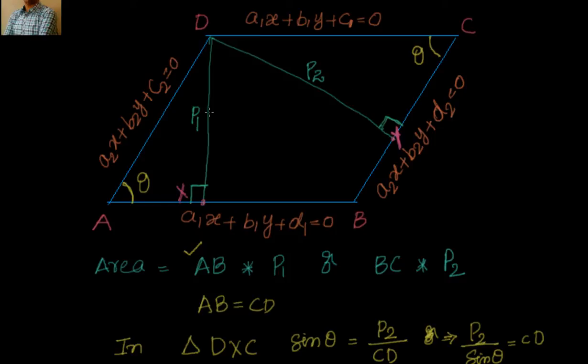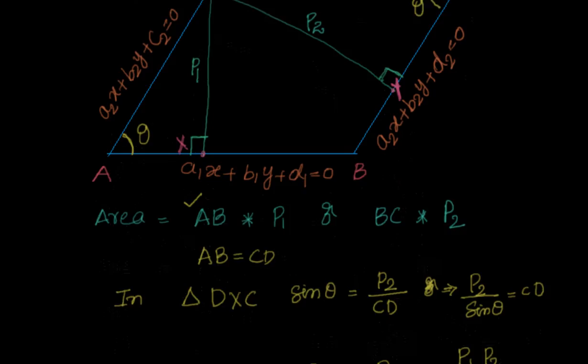Now can we convert the sides either AD or CD into P1 or P2 so that we can calculate the area easily. At the end, remember that our answer should have only whatever the values we have here. It should be in terms of C1, D1, C2, D2, A1, B1, A2, B2, because this is the only information we have been given to find out the area.